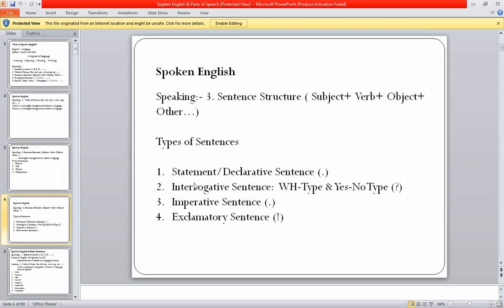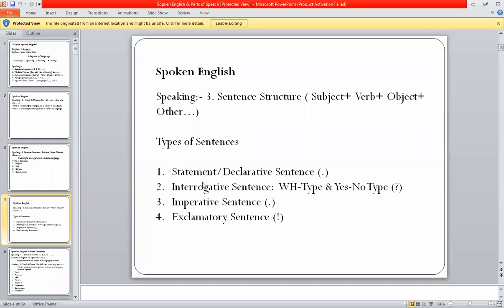The first sentence type is statement or declarative or affirmative. We can say statement. When we make any type of statement, or declare any type of situation or sentence, then it is called a statement or declarative sentence or affirmative sentence.